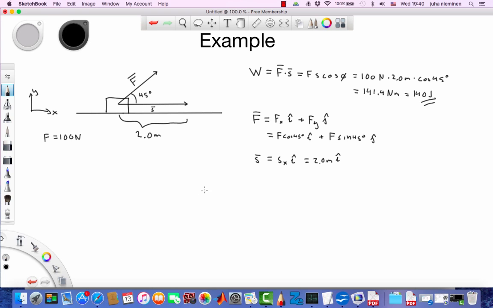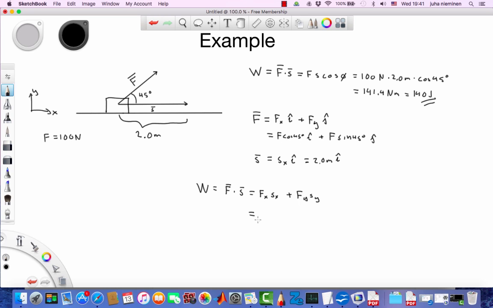And now the other definition of the dot product, of course we're interested in the work. Vector F dot vector S, as we learned, is just a multiplication of the respective components. So here we have Fx times Sx plus Fy times Sy. And what is Fx?